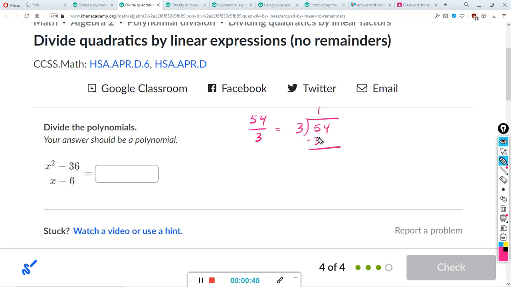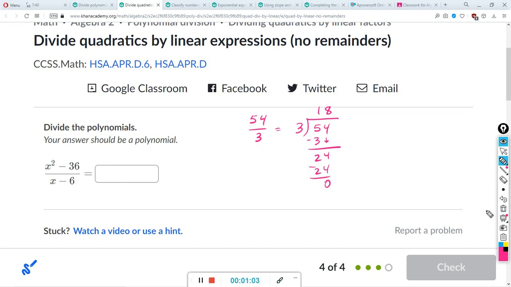And you subtract, 5 minus 3 is 2. Bring down the 4. 3 into 24 goes 8 times. 8 times 3 is 24, and there's no remainder. So that's exactly what we're doing right here.